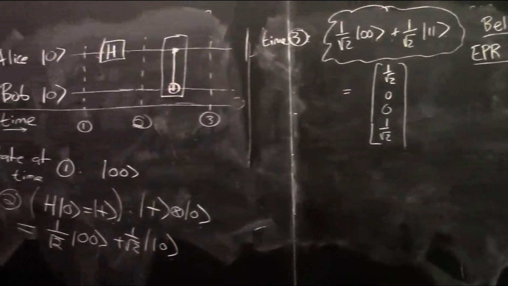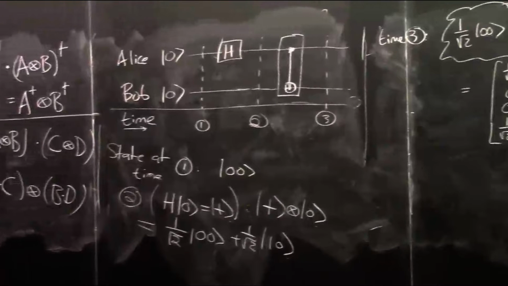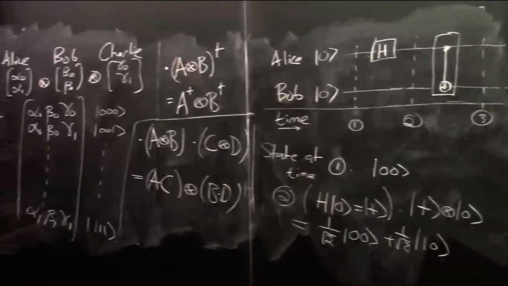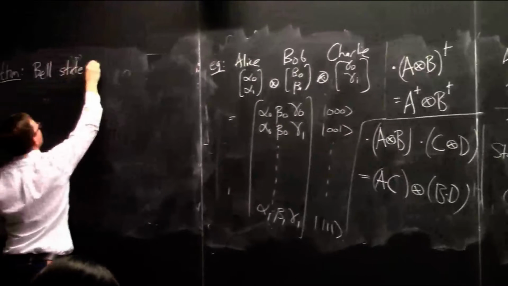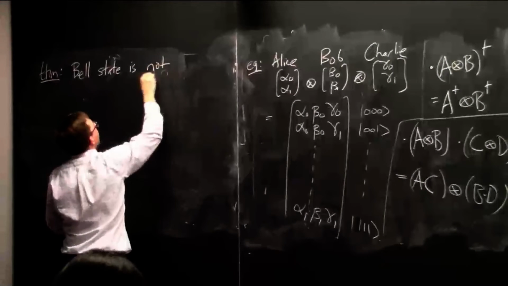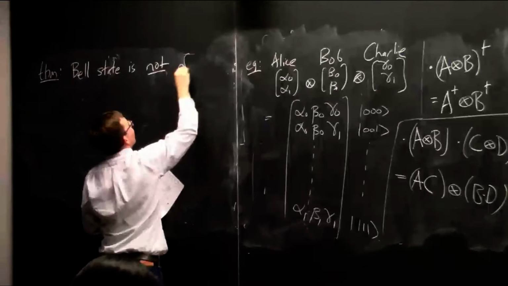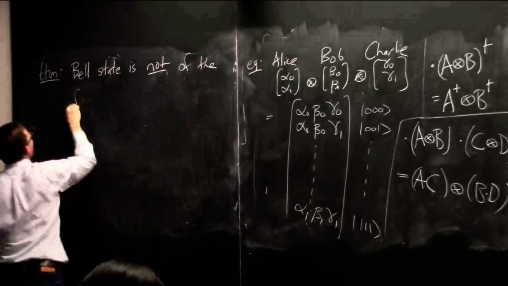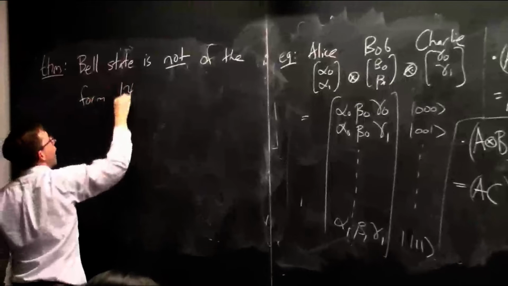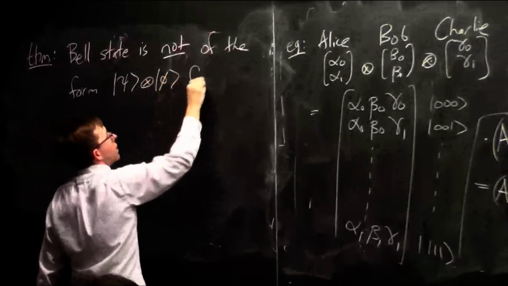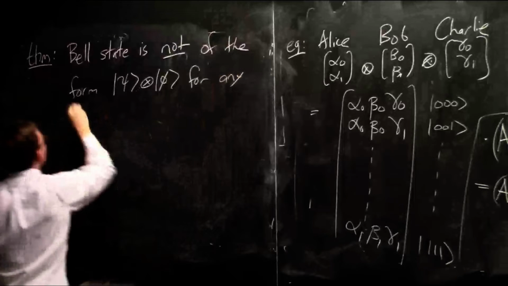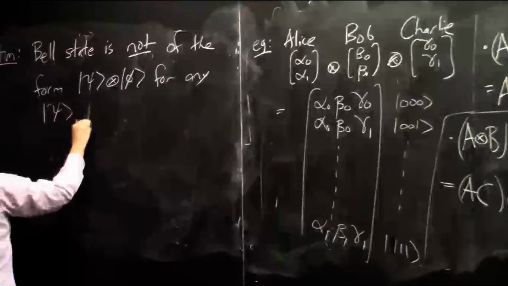Let me prove a little theorem. Perhaps it's the first theorem we've proved in this course. The Bell state is not of the form psi tensor phi for any 2-qubit states phi and psi.